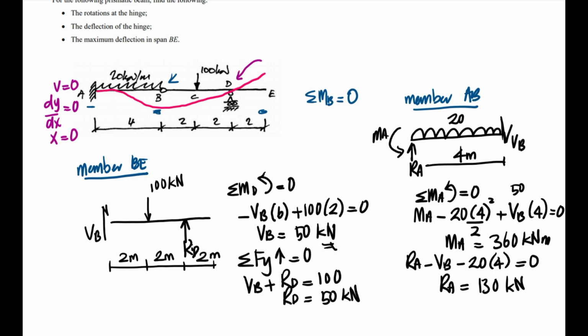Now at the roller support, for member BE, when x equals 4 meters, v equals 0. So these are the 3 boundary conditions. We can calculate to find the unknowns C1, C2, C3 and C4.